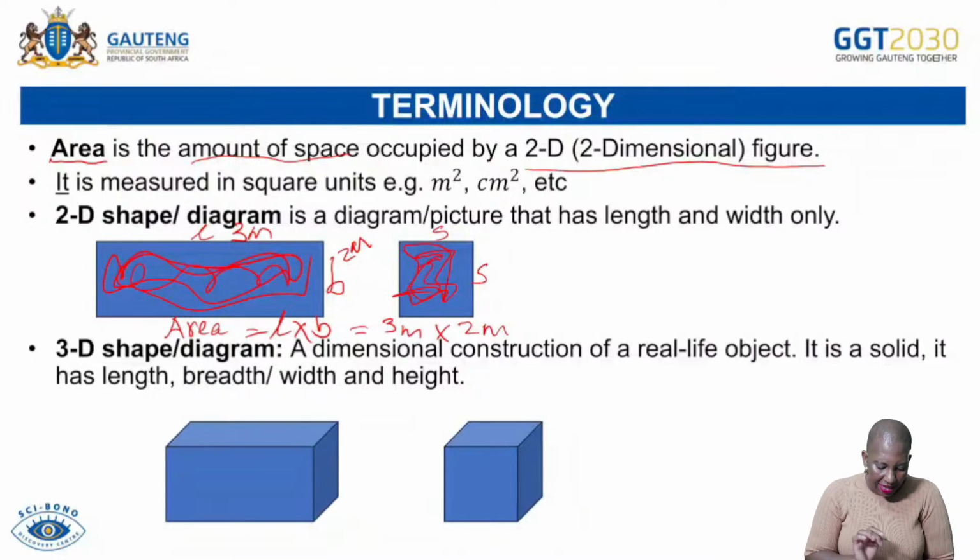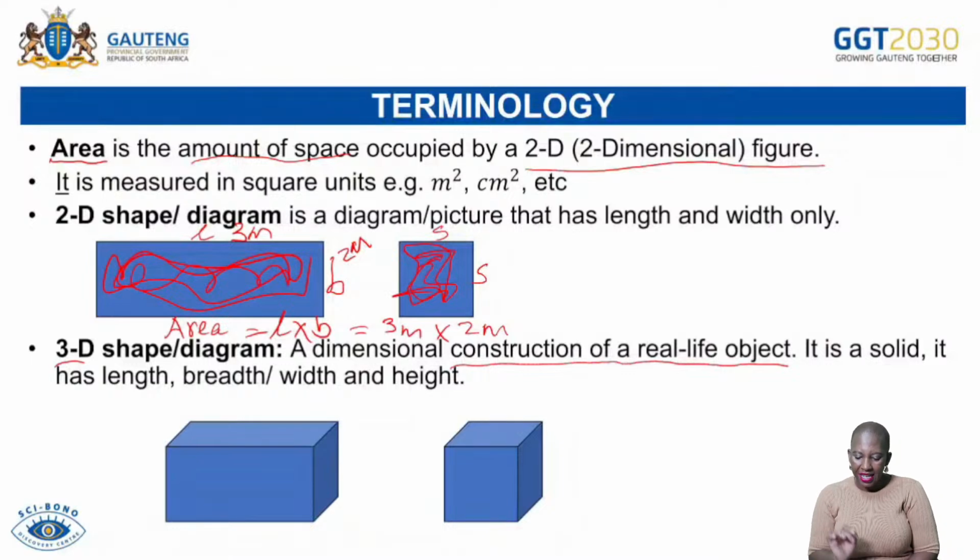Now let's have a look at the 3D shape. A 3D shape is a dimensional construction of a real-life object. It is a solid. It has a length. There is my length. From this point, this is my length, and then it has what? The width from here.